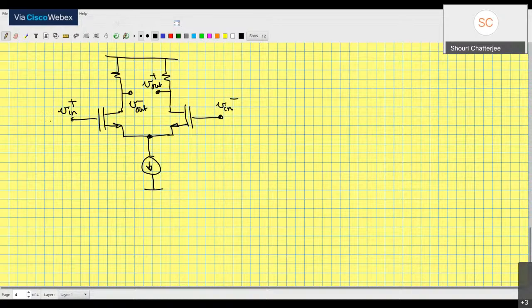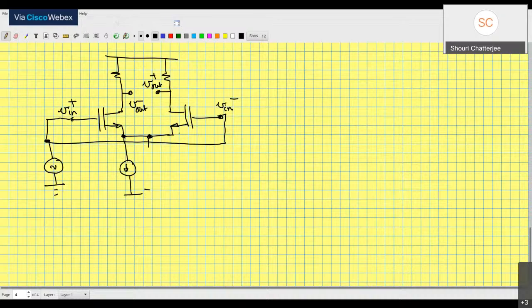So what we are going to do over here is connect both of these to each other and apply a common voltage source as the input. All right, and now when that happens, what can we say in the small signal picture? Let's split up this current source into two current sources.